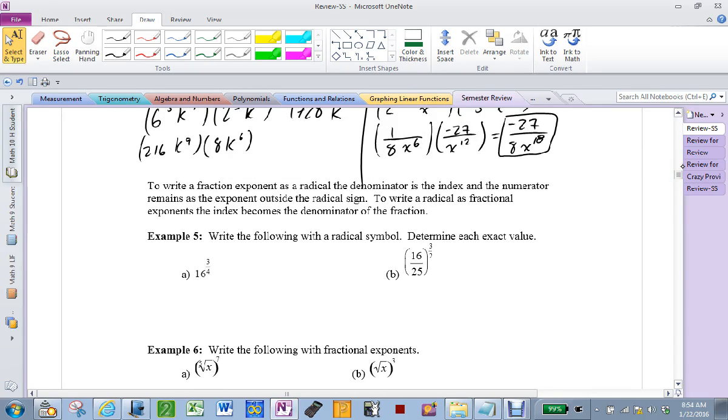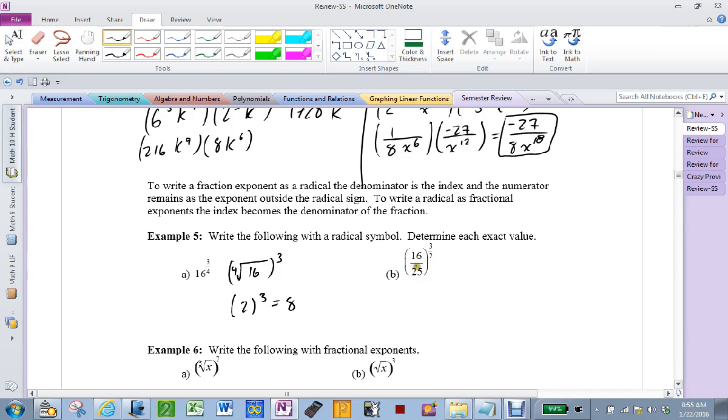Fractional exponents. We did this yesterday when we went over it. Denominator becomes the index, numerator becomes the exponent. Square root of 4 is 2, 2 cubed, 8. What about this one? Same thing. If it was 16 over 1, it would be the square root of 16 to the third power, wouldn't it?